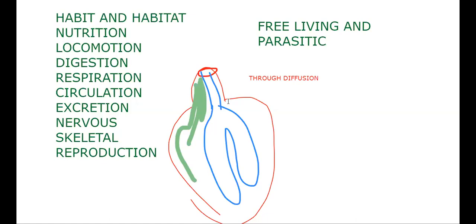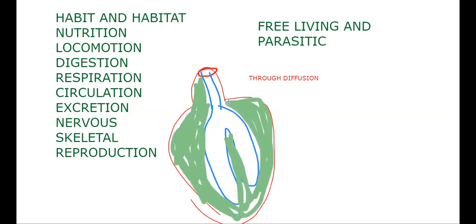The cells of the mesenchymal tissue transfer the food material from one cell to another cell. So simply we say there is no circulatory system, but the transfer of nutrients happens from one cell to another cell.